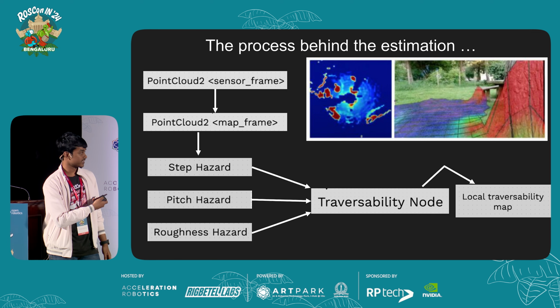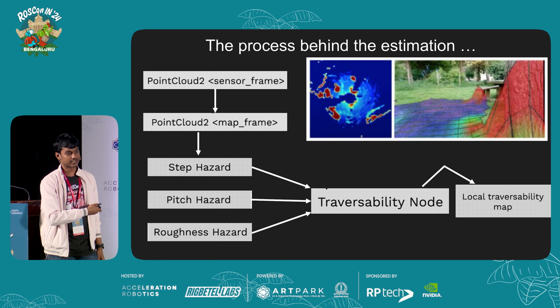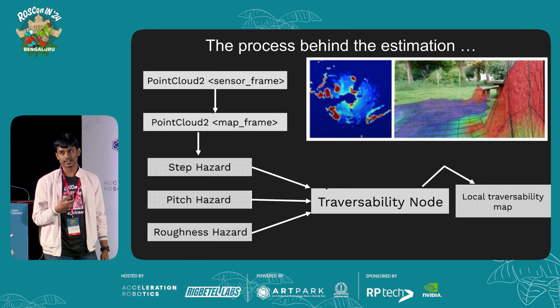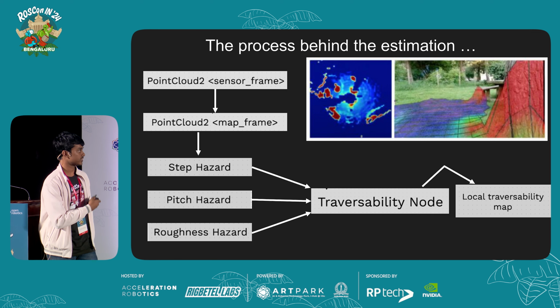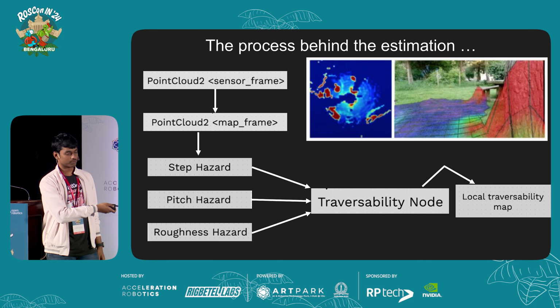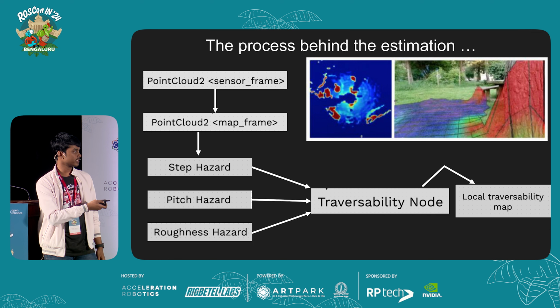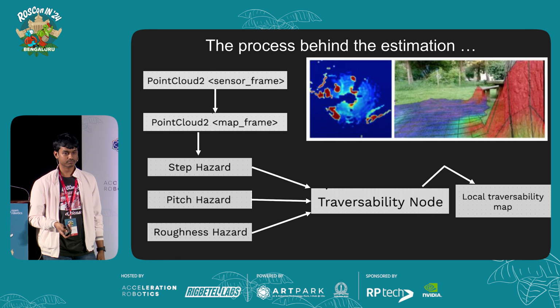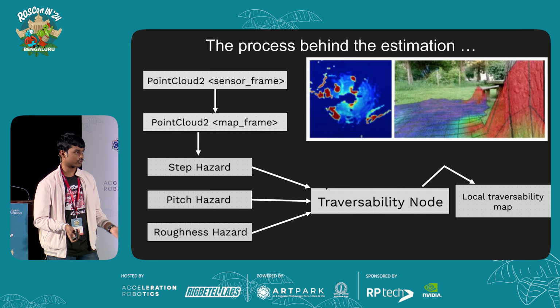The first one is the step, the second one the pitch, and the third one is the roughness. I'll explain in much more detail how you compute these, but let's move on. Once you've computed these hazards, you pass them to a traversability node, and finally you have your local map. And this local map is obviously an occupancy grid, which you can feed again to your controllers.